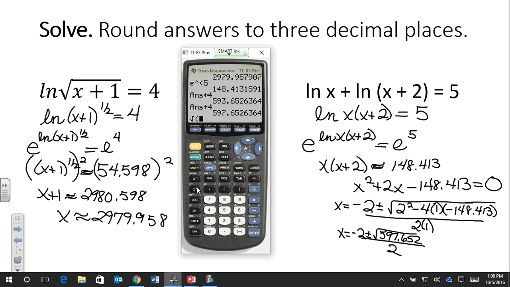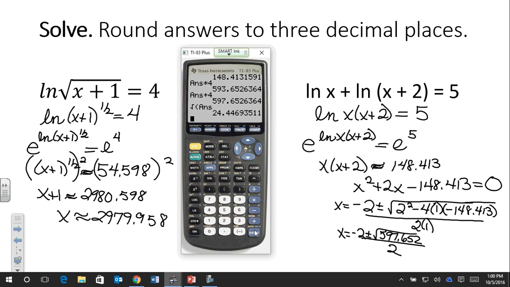If you do second square root and then second negative sign, that's the answer. So we're taking the square root of that answer, and we're going to get 24.446, right? That's the number we're adding to the negative 2 and subtracting from the negative 2 and dividing by 2.